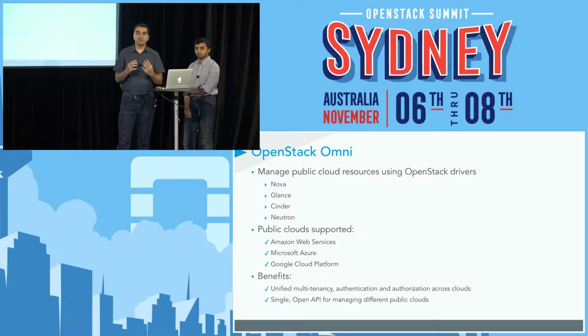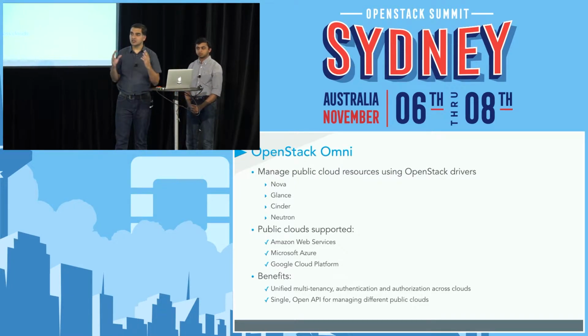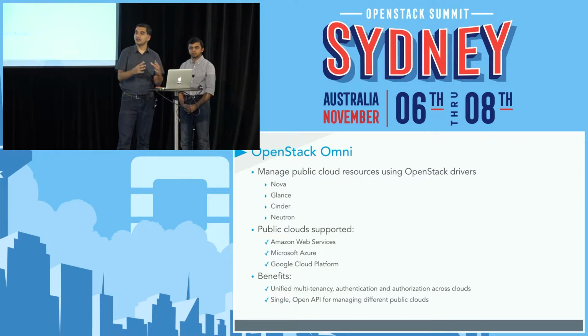So using the same well-known OpenStack API, you can interact with something like Microsoft Azure or AWS and Google Compute Engine. And the benefit of this approach is that there is no vendor lock-in. There is a single interface to interact with any of your public as well as private clouds. So there is no retooling required.